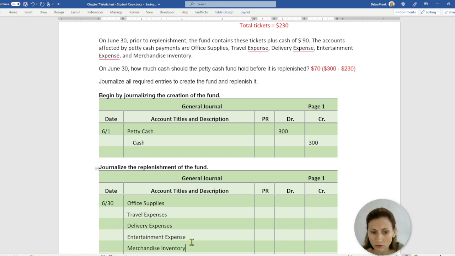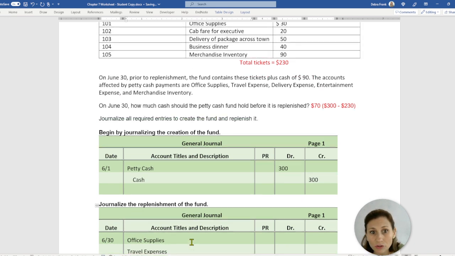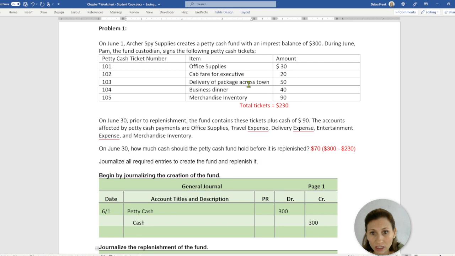Perfect. All right, so those are all our debits. Those are all our tickets, our 5 tickets. So we can see office supplies was 30, 20 for the cab fare, which was travel expense, 50 for the delivery, 40 for entertainment, that was the business dinner, and then 90 for the merchandise inventory.